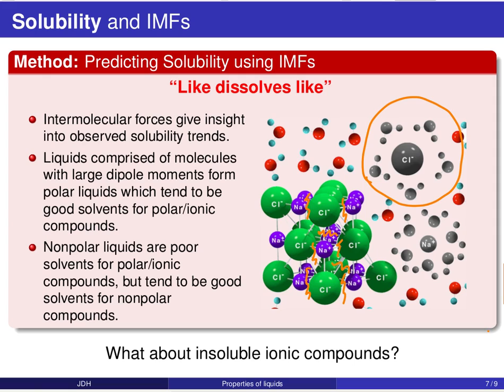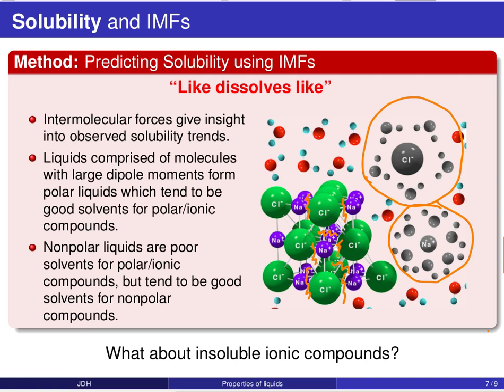You have to put in a fair amount of energy to break those ionic compounds apart. And remember, when we looked at the strength of different interactions, the charge-charge interactions in ionic compounds can be very significant. So if the energetic cost of breaking those bonds isn't paid off in the formation of these solvation shells, then the compound simply isn't going to dissolve in solution. The ionic bonds are simply too strong.